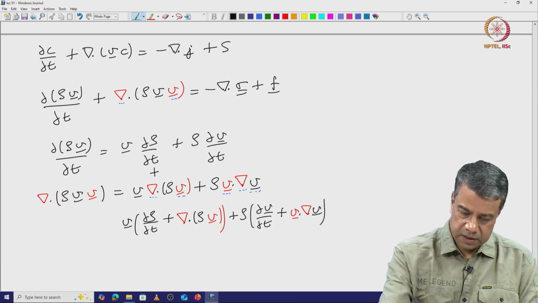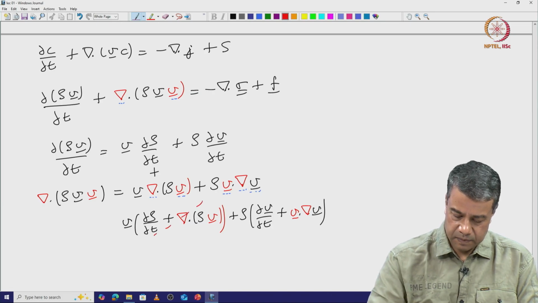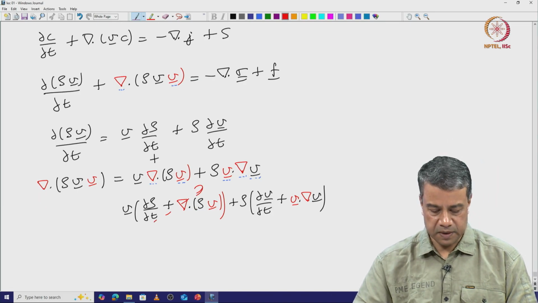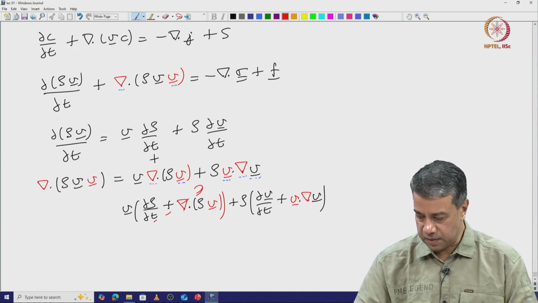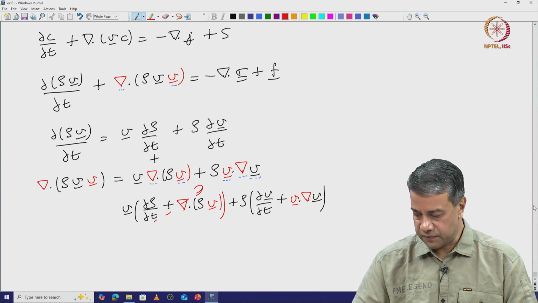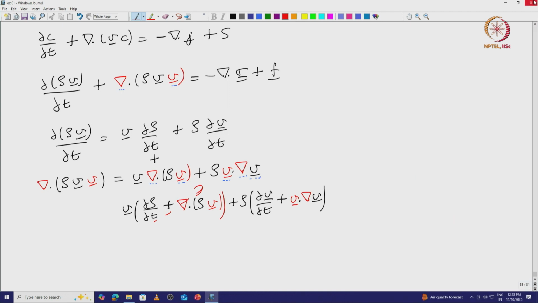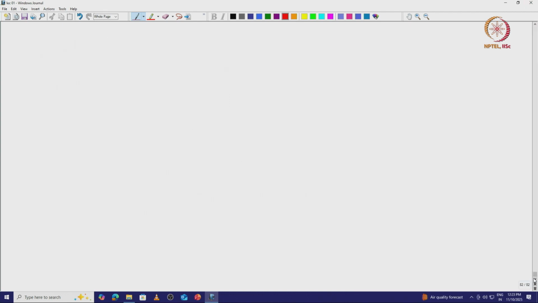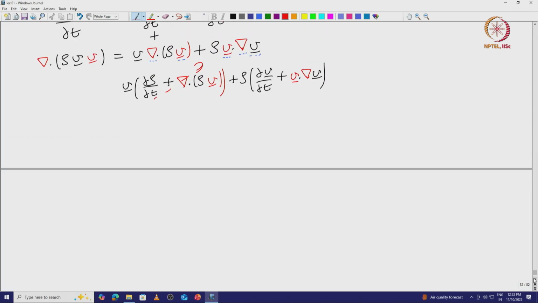This entire first term is 0 because of mass conservation. The mass conservation equation is partial rho by partial t plus divergence of rho times v equal to 0. So, the left side becomes rho times partial v by partial t plus v dot grad v, equal to del dot sigma plus f vector.